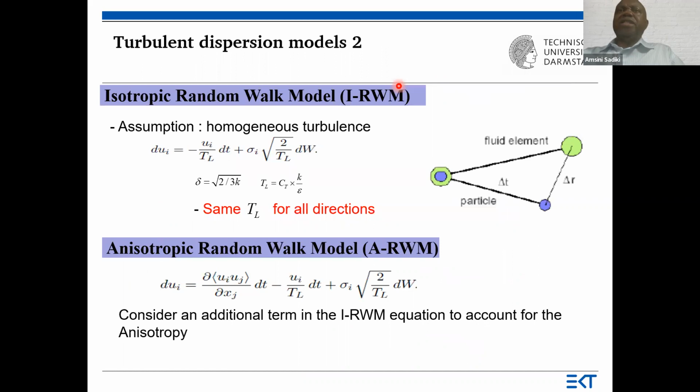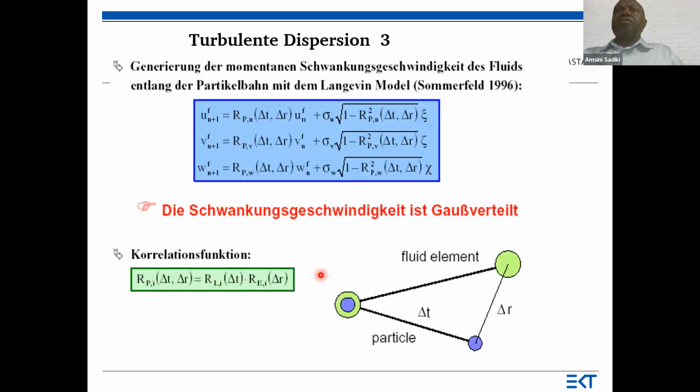It is this model here, where we say that these fluctuations are Gaussian distributed, and we can calculate the fluctuation at time step n+1 based on the fluctuation at the previous time step, and we include the Wiener term. So for that, we have these correlations.